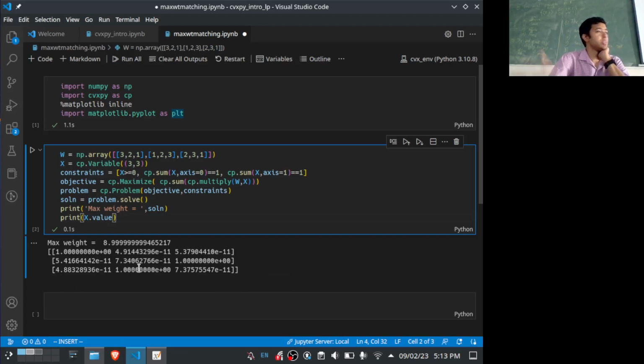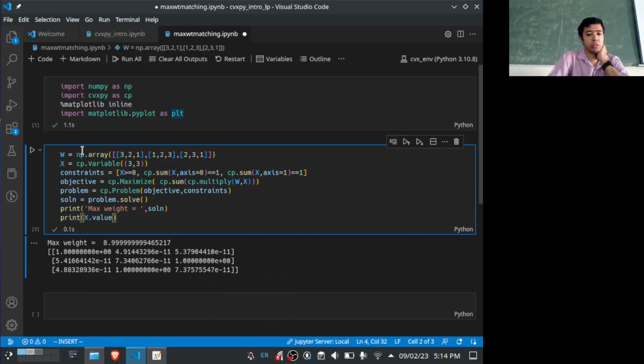So this was a simple case that we could very easily solve. But for example, if I had, let's say, 100 vertices on the left and 100 vertices on the right, and some complicated looking weight matrix, I could still do this just as easily as I did here, right?